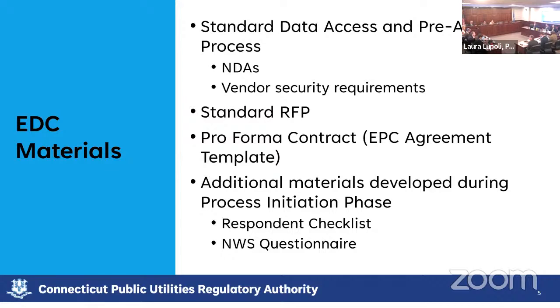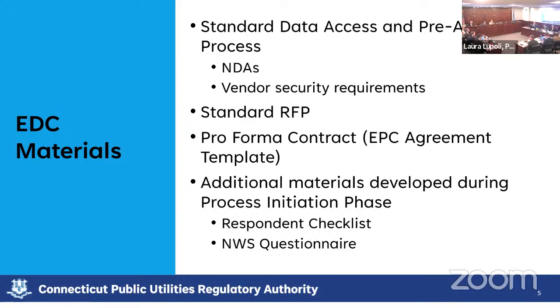Okay, so I'll jump into a quick overview of the EDC developed materials. The REO7 decision and design document specified that several key NWS materials would be developed by the EDCs during the process initiation phase. These materials include a standard cybersecurity data access policy and pre-approval process, which includes non-disclosure agreements and data security agreements that specify vendor security requirements.